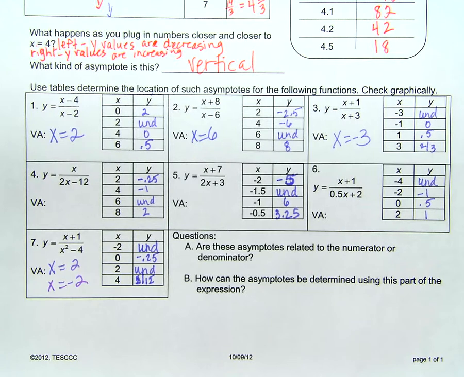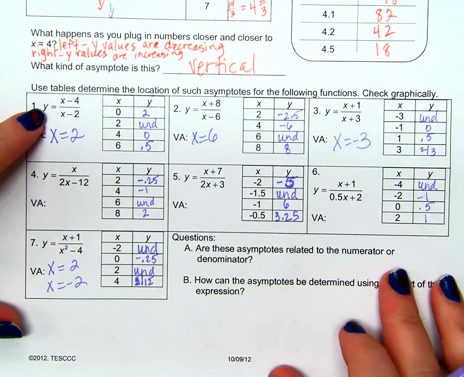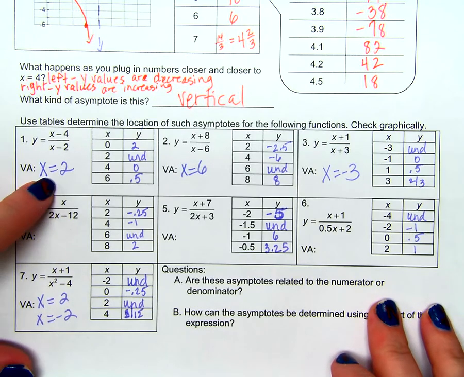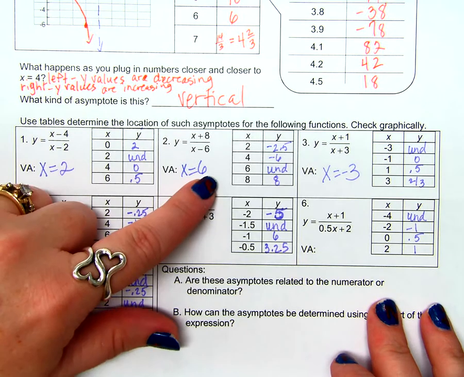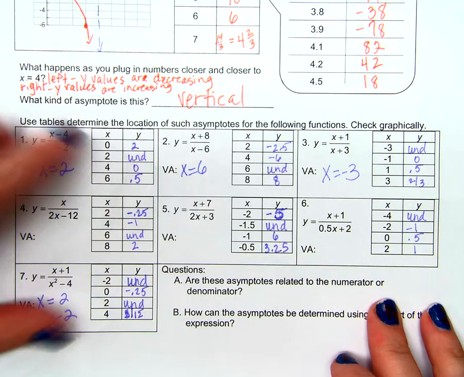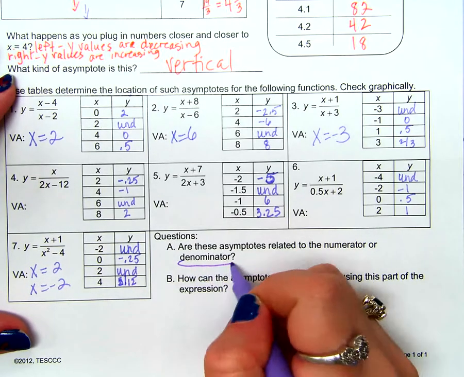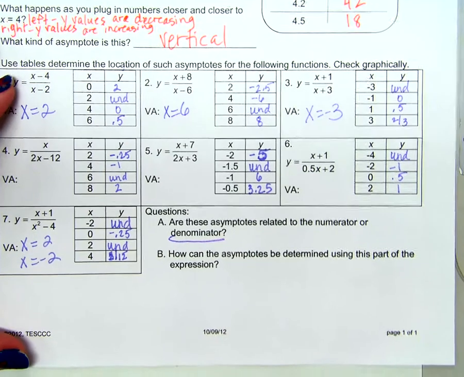Okay. Are the vertical asymptotes related in any way to the equation? It's related, first of all, to the denominator, right?